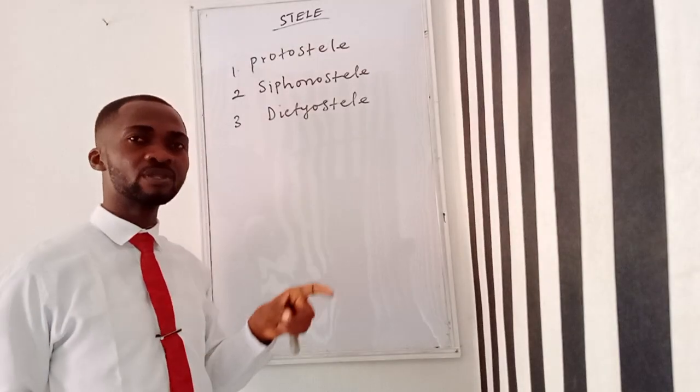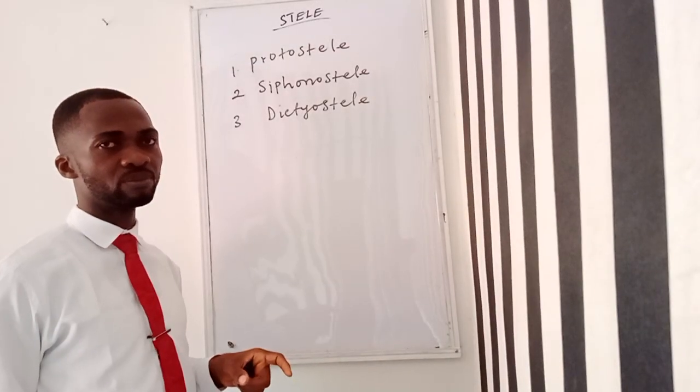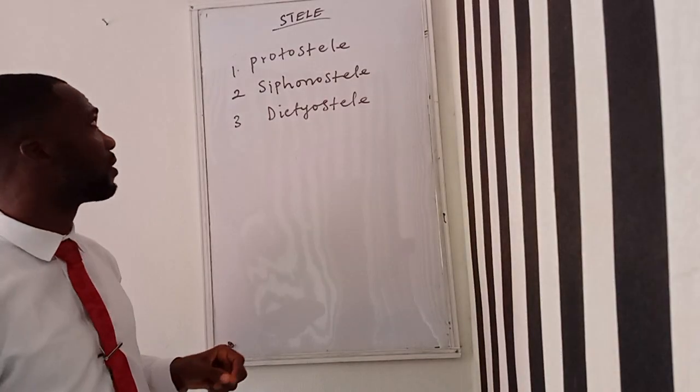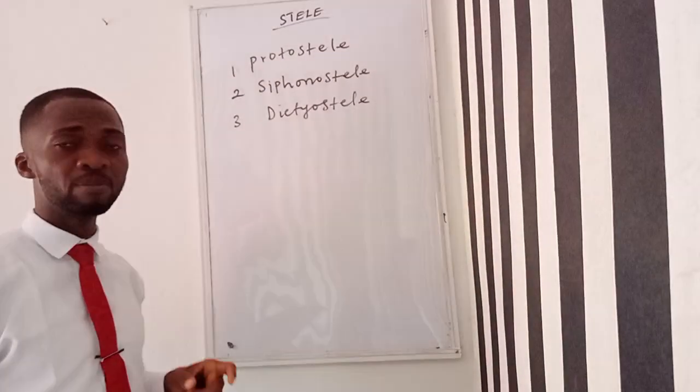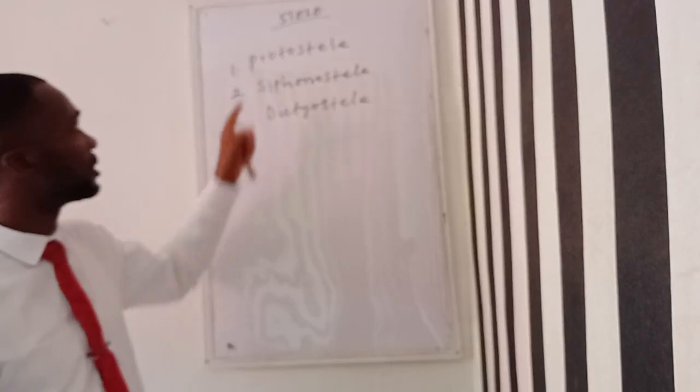So they are pithless stem, pithless roots, and pithless leaf. So that is the protostele.